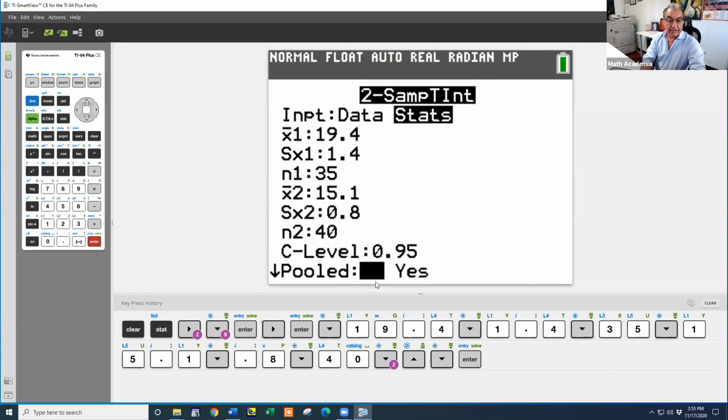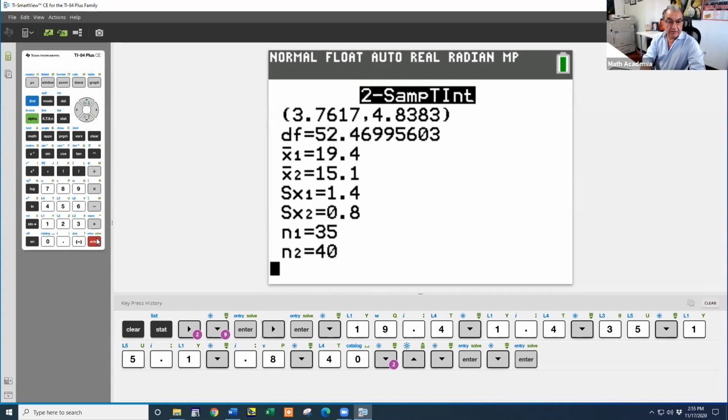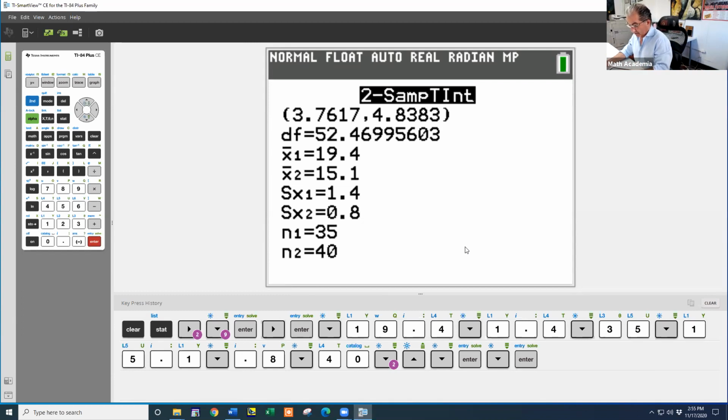So again, sigmas are not equal, so just say no to pooled and calculate. And if you do that, you get 3.716 and 4.8. So again, B will be the answer here. So this is the interval and B is the answer.